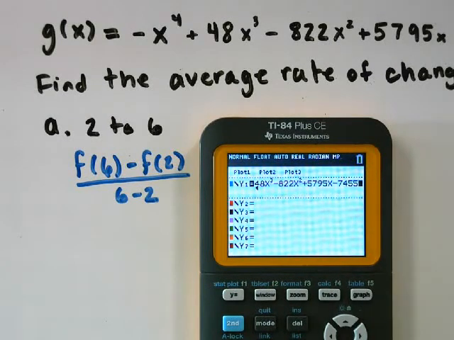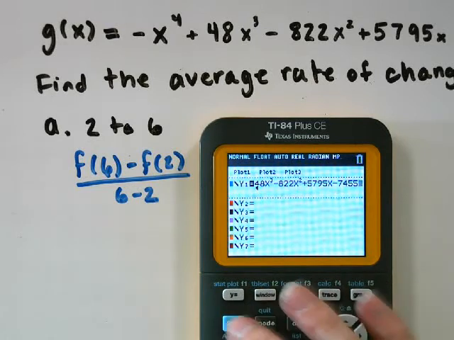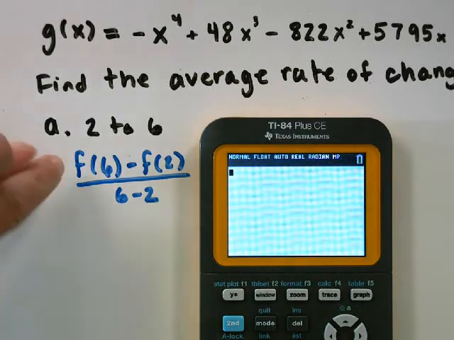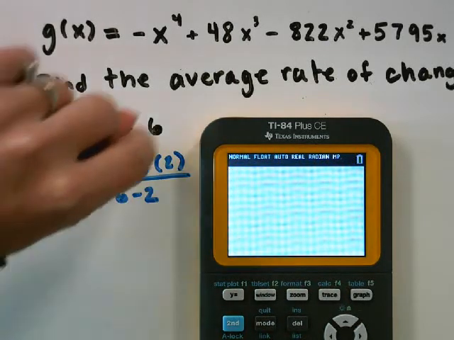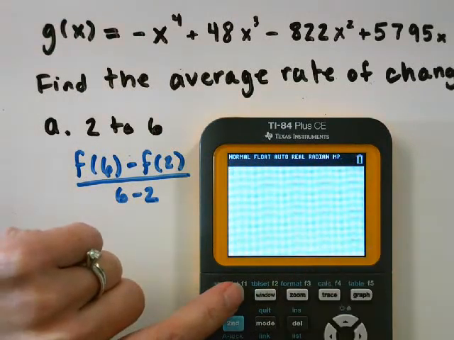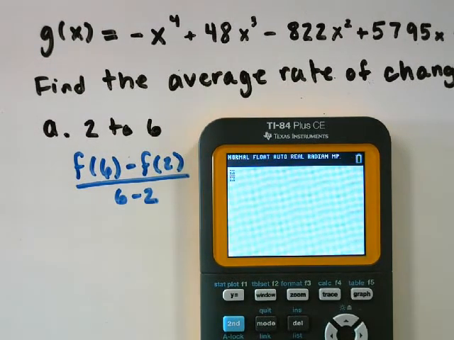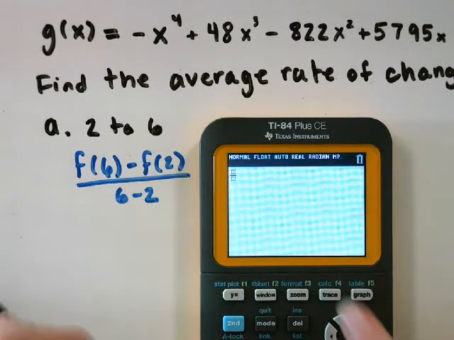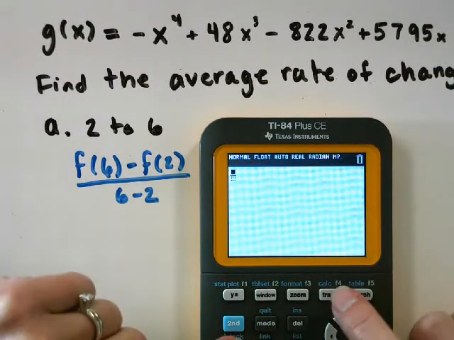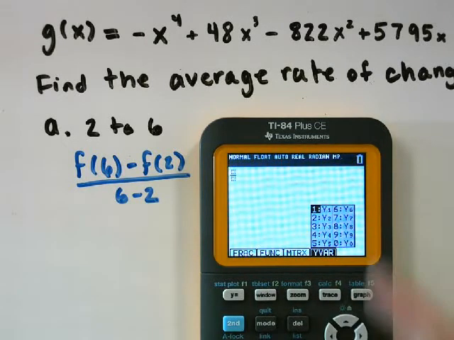So I've typed the entire equation into y1. Now, you can graph it if you want to, but I don't really care about the graph. What I want to do is evaluate the function at 6 minus evaluate the function at 2 over 6 minus 2. So I'm going to use the fraction feature here. Under F4, the shortcut menu, if you do alpha F4, all of our y variables are here.